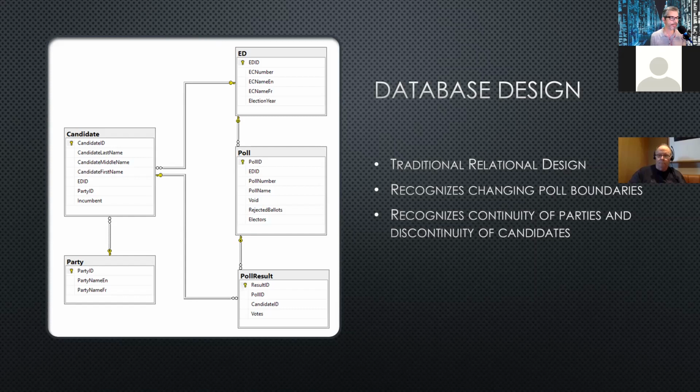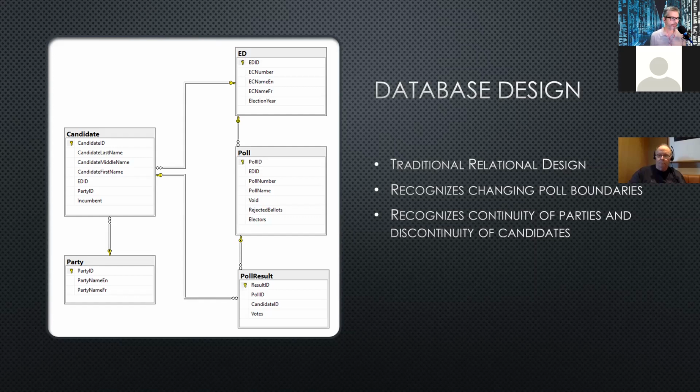We also then have a set of polls in the poll table. Each poll is connected through a foreign key relationship, and you see that enumerated in the diagram by the key EDID. It's a foreign key in the poll table. It's a primary key in the ED table. And that means that each and every poll belongs to one and only one electoral district in one and only one election year.